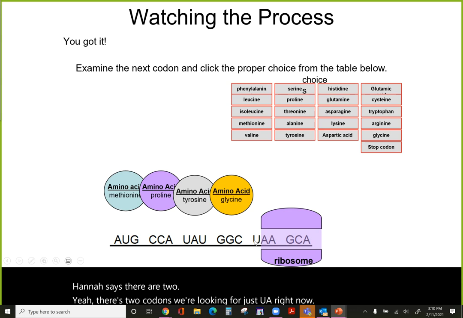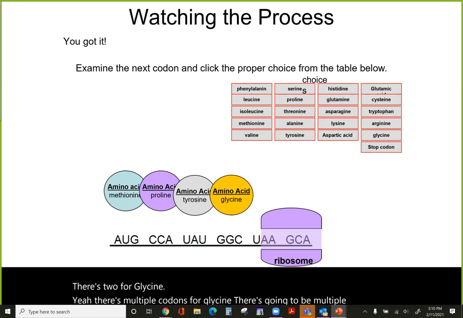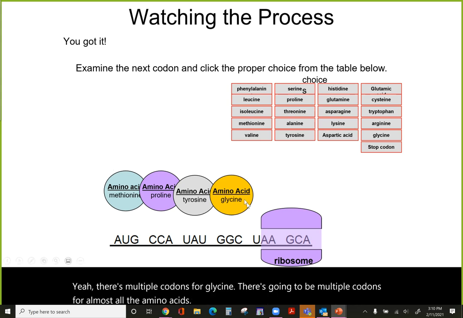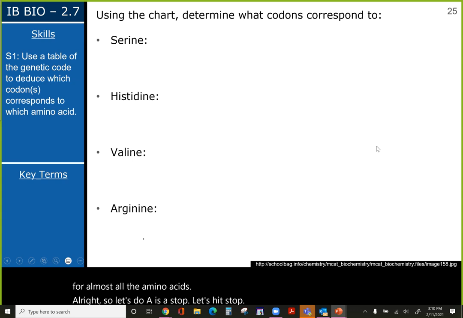UAA is a stop codon. Oh, Hannah says for glycine. Yeah, there are multiple codons for glycine. There are going to be multiple codons for almost all the amino acids. All right, so UAA is a stop. Let's hit stop. Good. Okay.